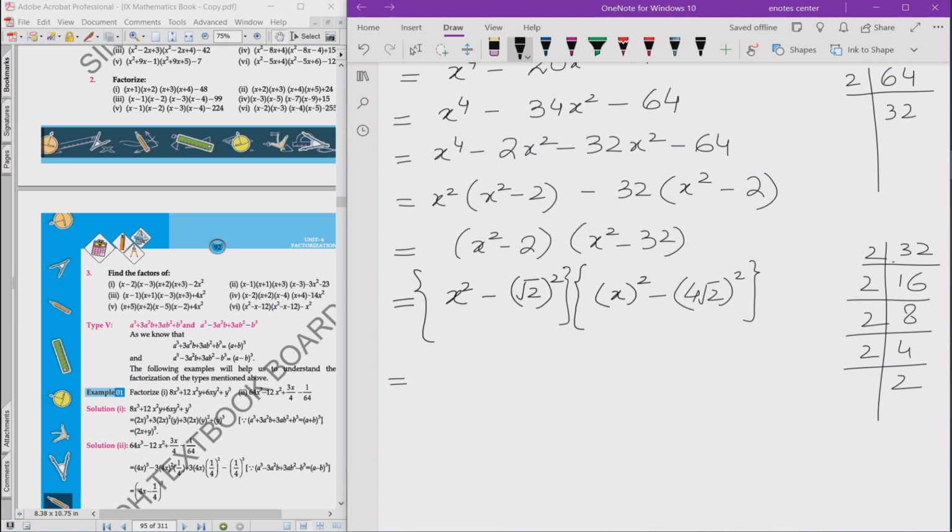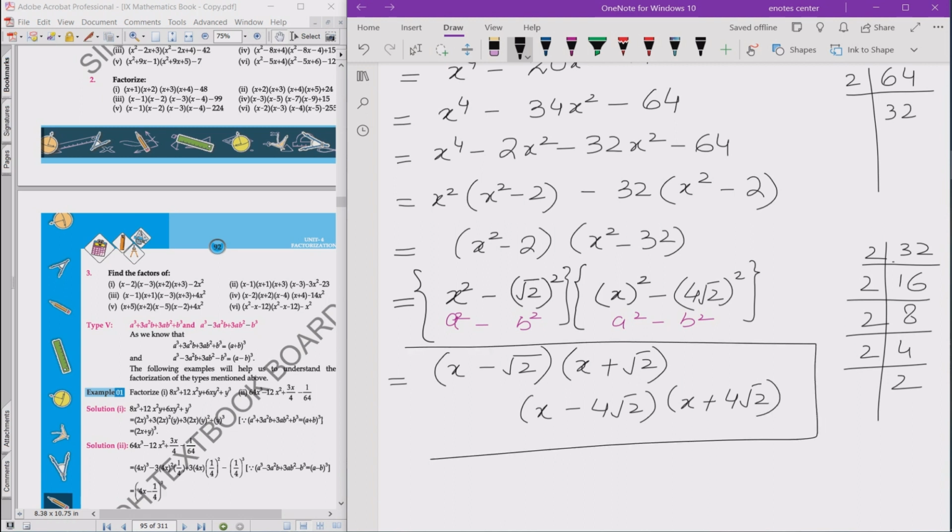Now we have to make the formula a square minus b square, a square minus b square, so (x plus root 2)(x minus root 2)(x minus 4 root 2)(x plus 4 root 2). So these are the factors of this question.